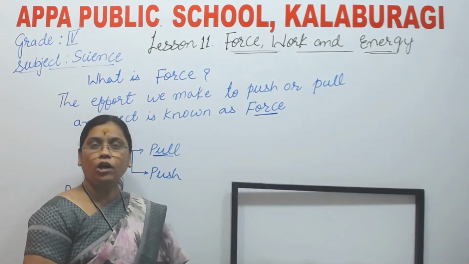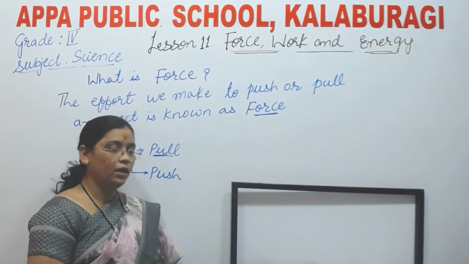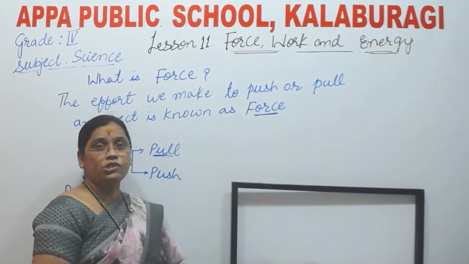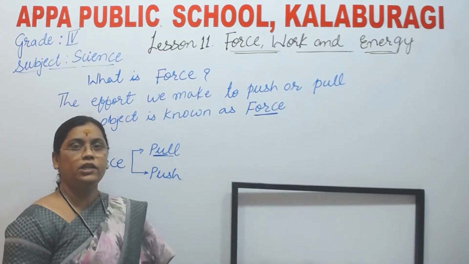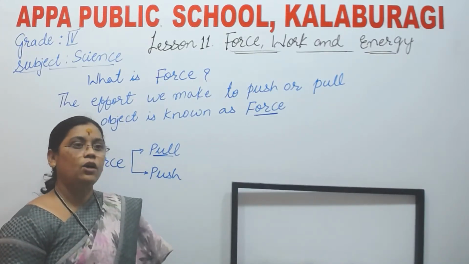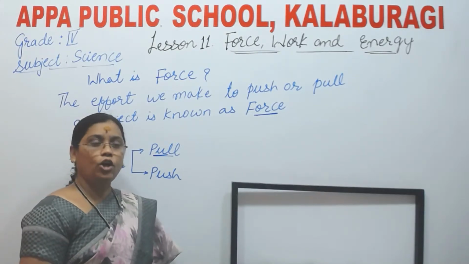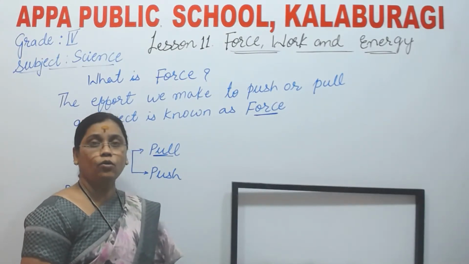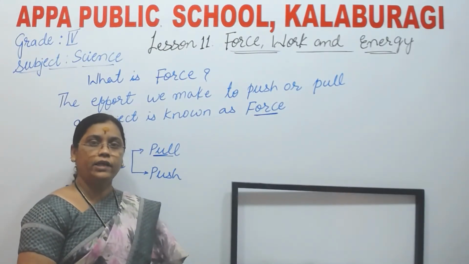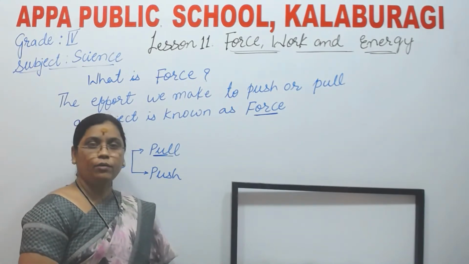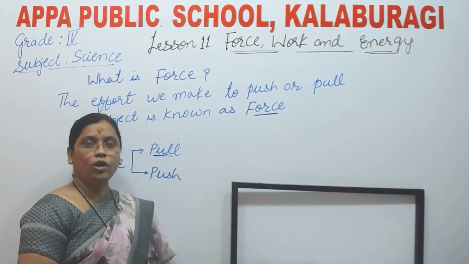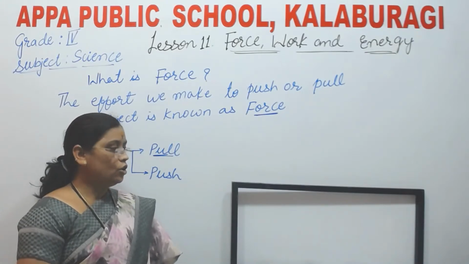No, it is not moving. That means it is stationary. Stationary means when the objects are not moving, when the objects are at rest, they are in the state of stationary. So here this table, is it moving now, children? No, it is not moving.